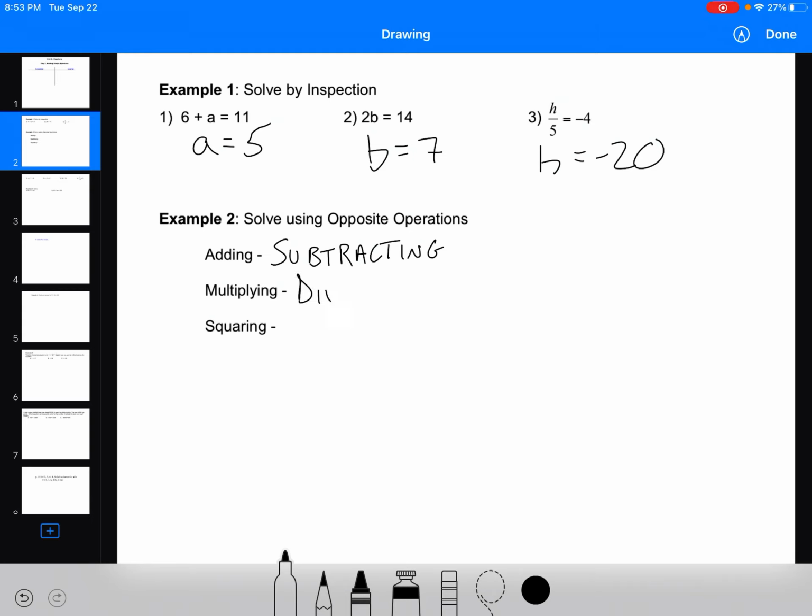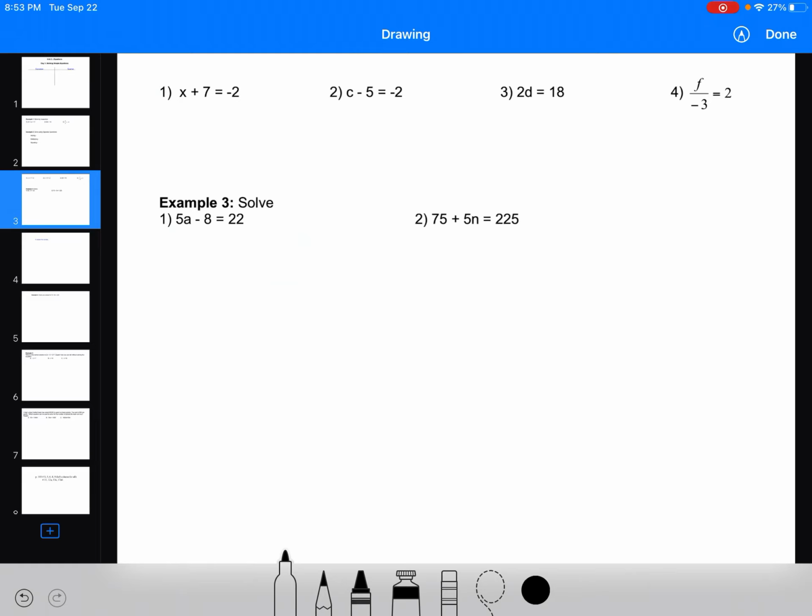The opposite of multiplying is dividing. And the opposite of squaring something, this is something that we don't see a lot, is square rooting. Okay, and it always goes the other way as well. So if we wanted to do the opposite of a square root, we would square something. If we wanted to do the opposite of dividing, we would multiply.